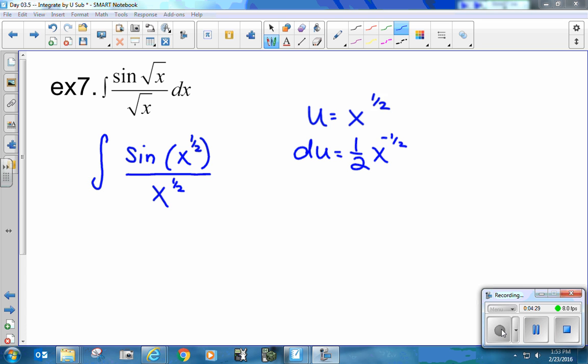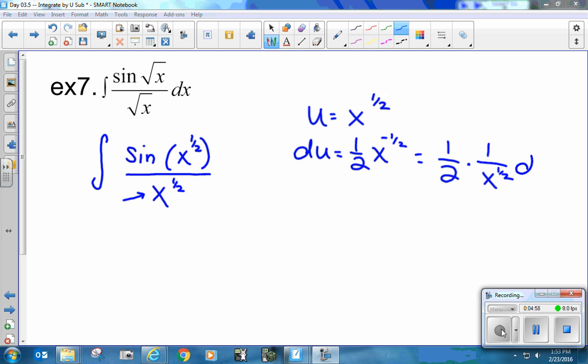Okay, well, what's x to the negative 1/2? That's the same thing as saying 1/2 times 1 over x to the 1/2, isn't it? So the x to the 1/2 is in the bottom of the fraction. It is here. That's good. But, silly us.